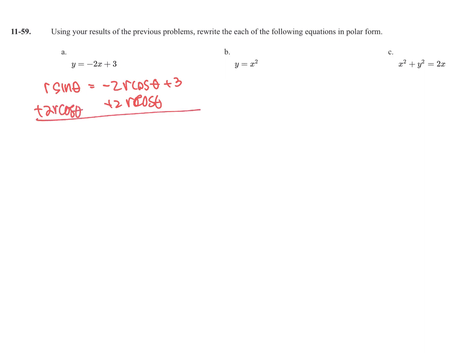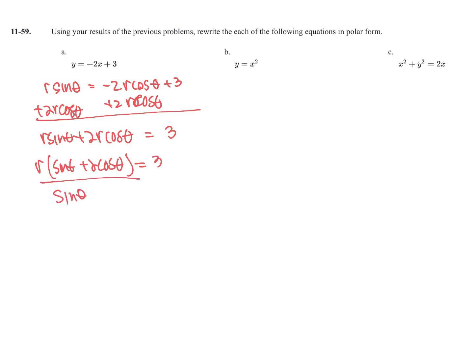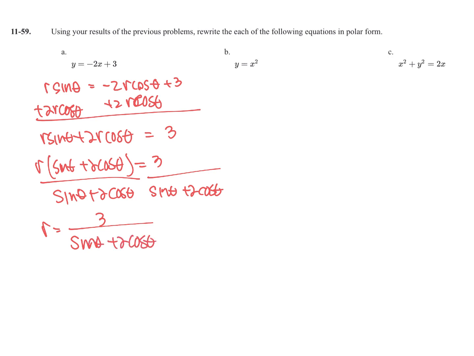When I'm trying to bring the r's together so that I can factor the r out, I factor out the r, get sine theta plus 2 cosine theta equals 3, and then solve for r. So r equals 3 divided by sine theta plus 2 cosine theta.